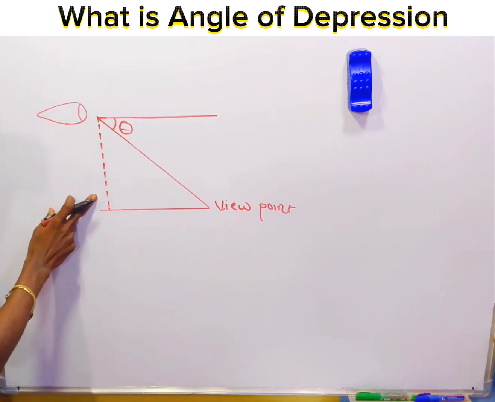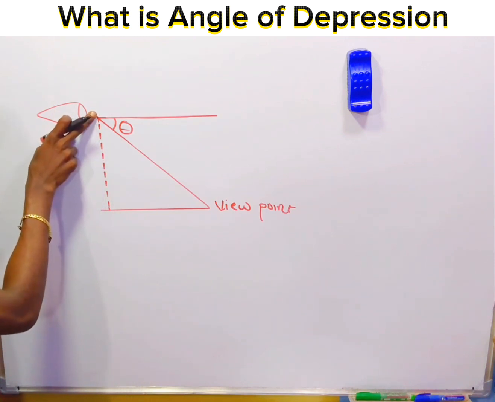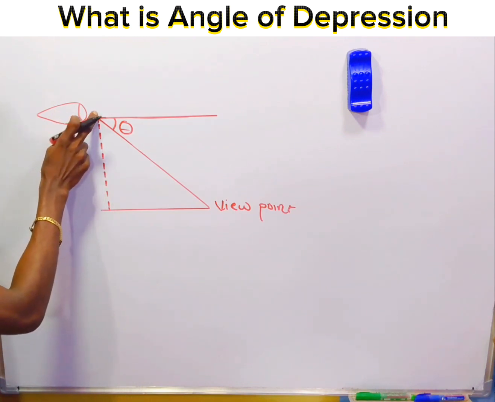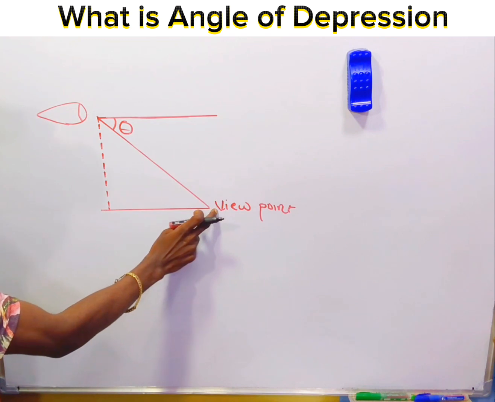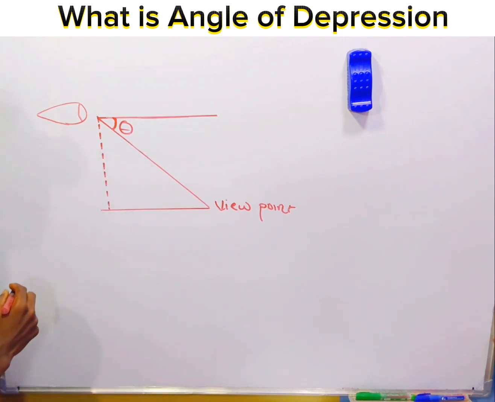So if this is a building, and this is the top of the building, the angle formed from the top of this building to the ground floor, which is this exterior angle here, is our angle of depression.